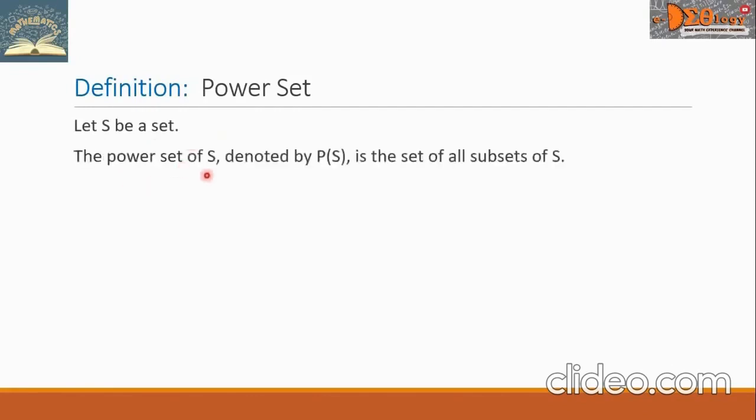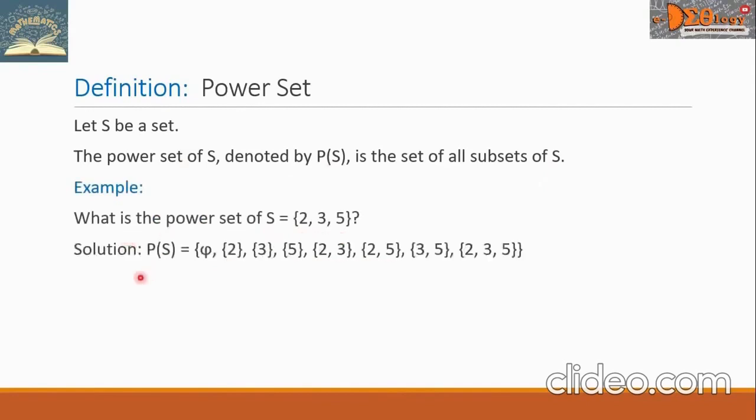Let us now define power set. Let S be a set. The power set of S, denoted by P of S, is the set of all subsets of S. Example, what is the power set of S whose elements are 2, 3, and 5? So P of S equals: the first element is the null set.